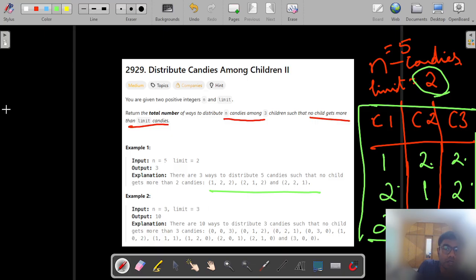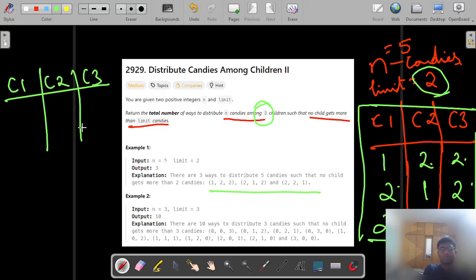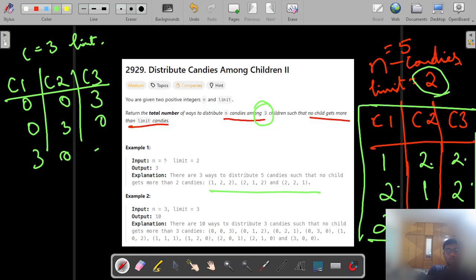So let us look at example 2 as well. In any of the examples we are given a constant of these three children. So there are three candies, the number of candies is 3 and limit is 3. So the total ways of distributing is 0 0 3 or 0 3 0 and 3 0 0.